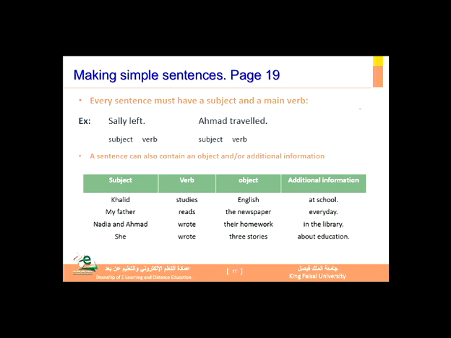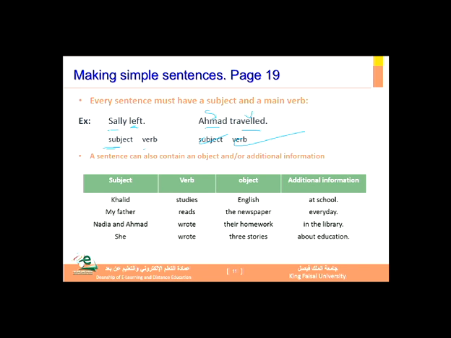There is no sentence that is not really a verbal sentence. So, Sally left. Subject, Sally, and the verb is left. Again, Ahmed traveled. Subject, verb. A sentence can contain an object as well, and can contain additional information.